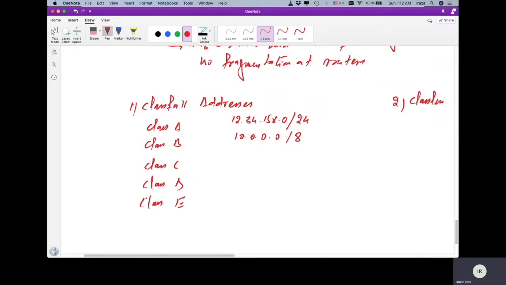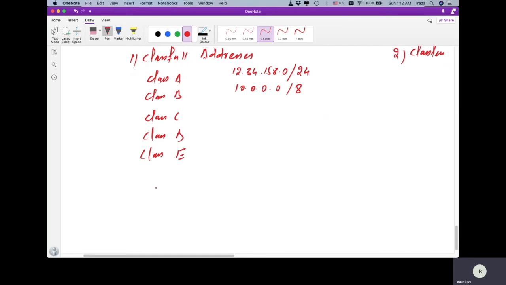But what are the problems with classful addressing? By the way, class A has a very large block. There are 24 bits for the host portion. Then we have class B, which is large. Class C is small. Class D is basically used for multicasting, right?